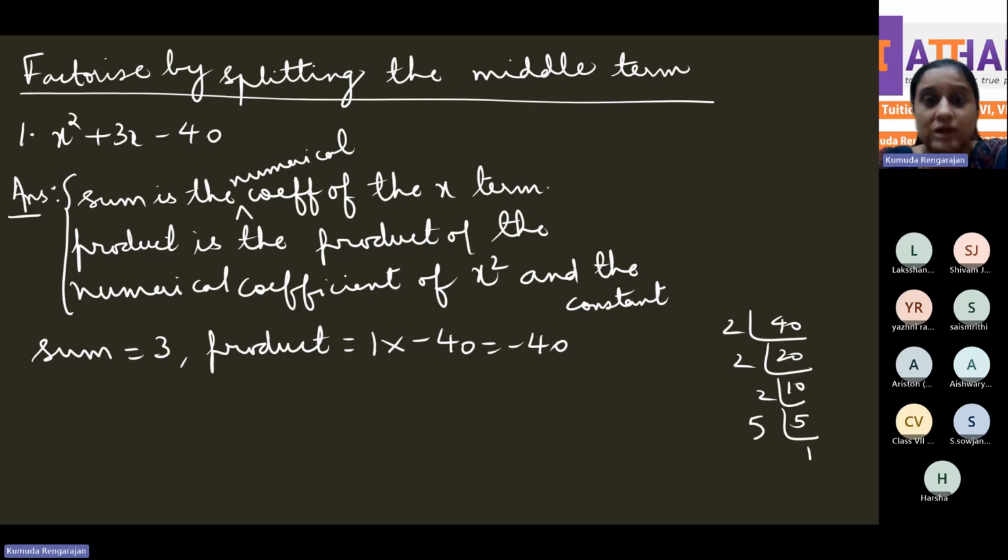We'll use it, but for prime factorization, you don't have to take it. So 40 is equal to 2 into 2 into 2 into 5. Now you have to make use of all these numbers and make only two numbers, so that the product of those two numbers is minus 40.